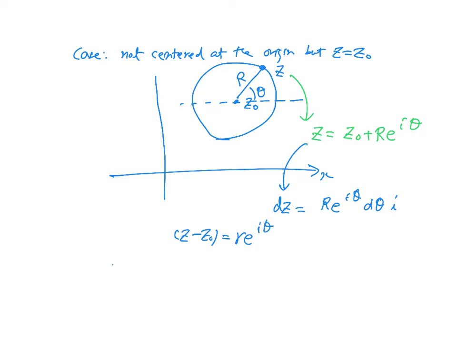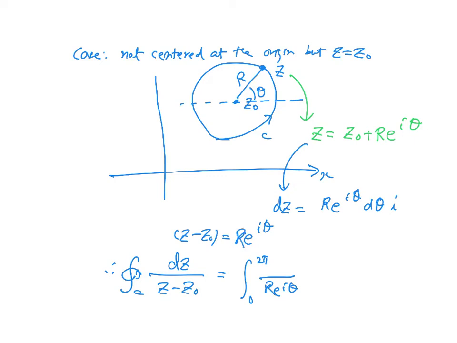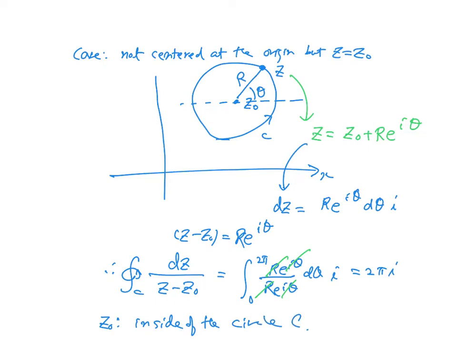So this integral over c of dz over z minus z naught is the integral from 0 to 2 pi of r exponential I theta over r exponential I theta, d theta I. Again, this cancels each other, and we have the same result, 2 pi I. Here, we note z naught is included inside of the circle, C, right?